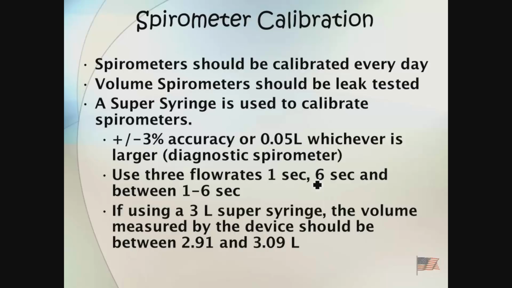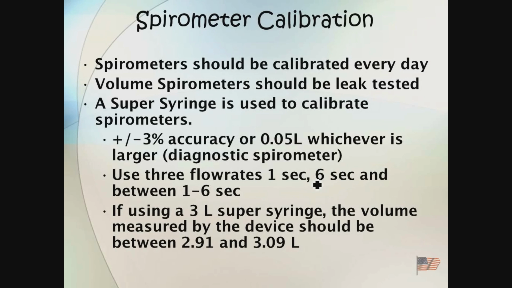We said that spirometers should be calibrated daily, and those that are volume displacement style should be leak tested. What we're looking for is a plus or minus 3% accuracy or 50 milliliters, whichever is larger.